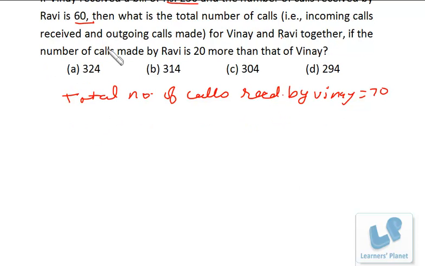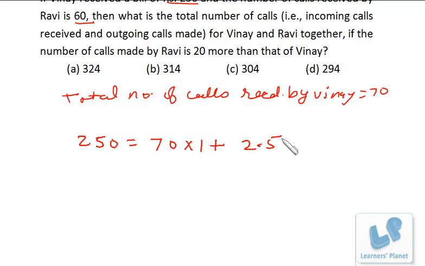Vinay's total bill is rupees 250 for that particular month. That means this 250 rupees is equal to his total incoming call bill and outgoing call bill. The total number of incoming calls is 70, so each call is 1 rupee. Now we have to find out the amount for outgoing calls.